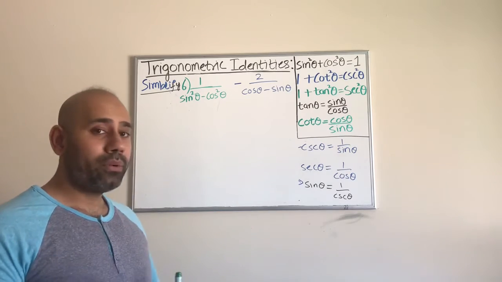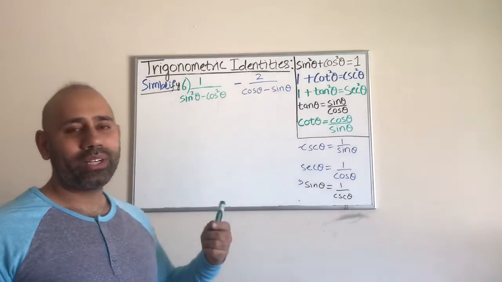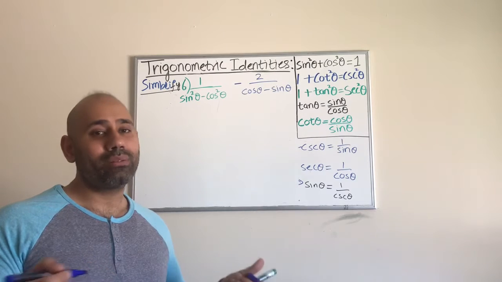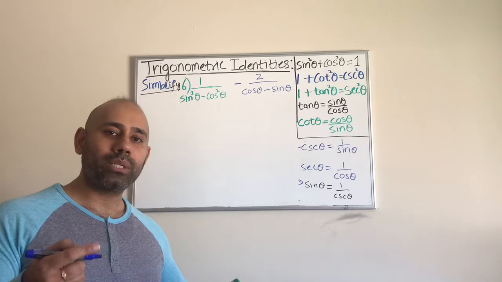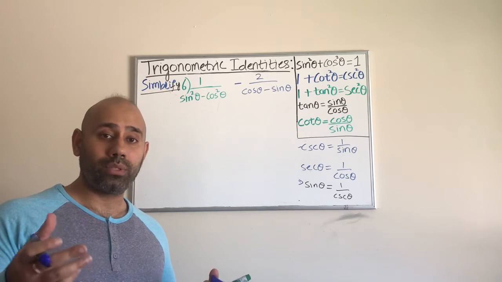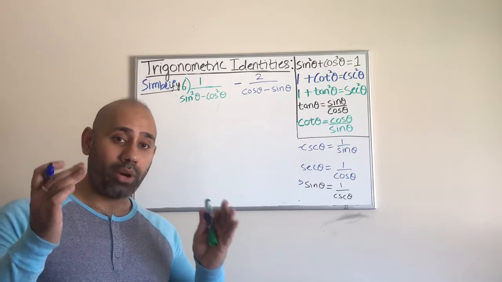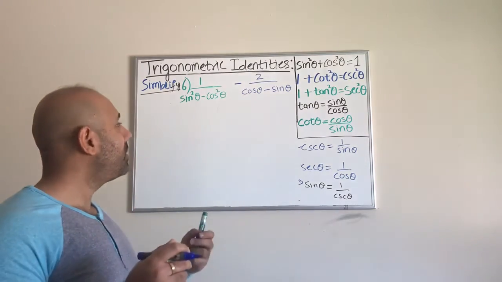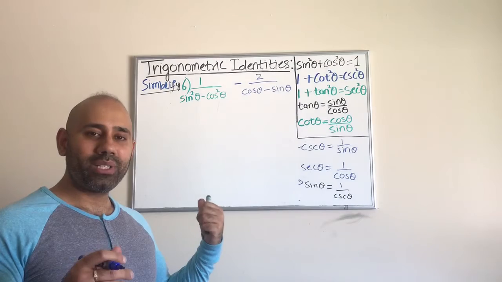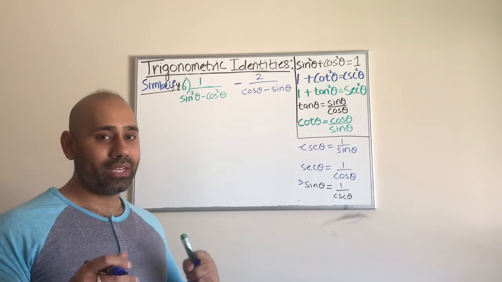But before we do that, we also have to recall the difference of squares formula, which is a square minus b square. So if you remember, a square minus b square equals the product of a plus b times a minus b, right? So we're going to use that for the first term in the denominator, and then we'll take it from there.